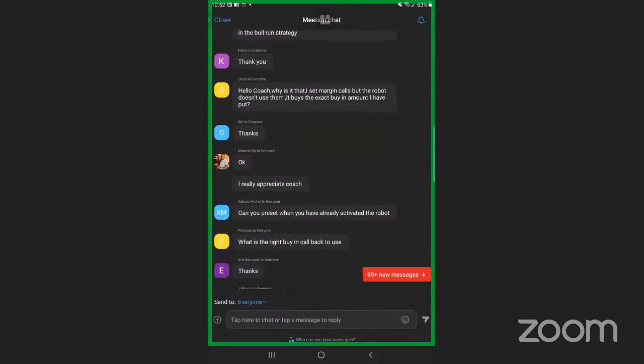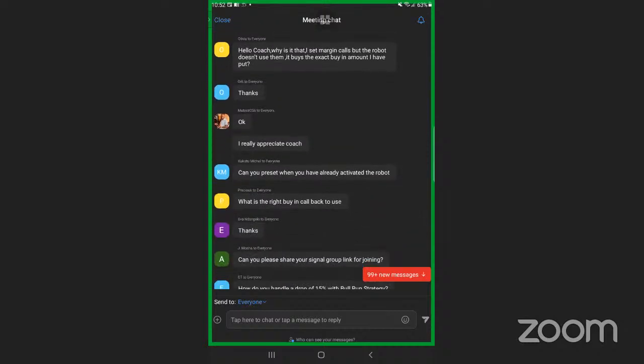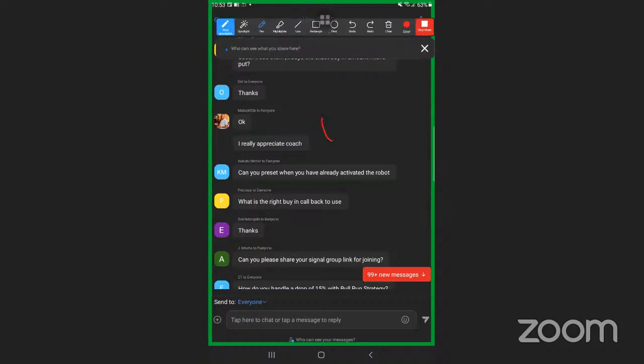Let me come to this one. The right buy-in callback, it should be 0.01 or 0.1. The buy-in callback, the right buy-in callback. Allow it to be 0.01. It's easy for the robot to buy this one.